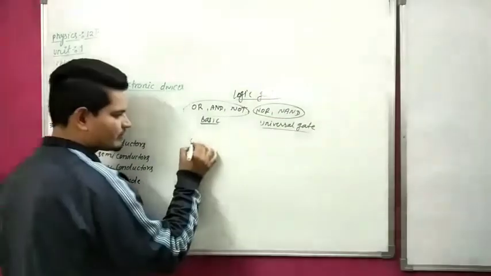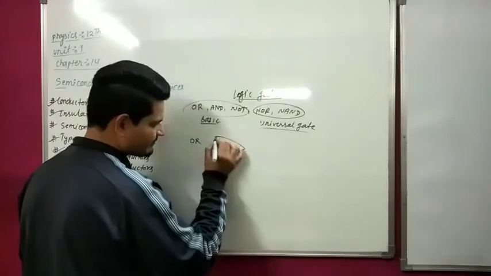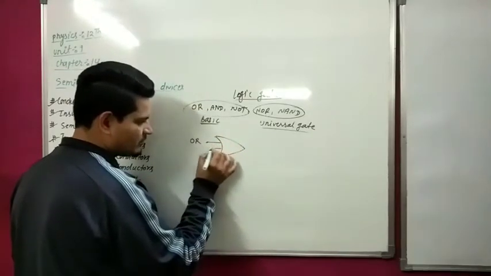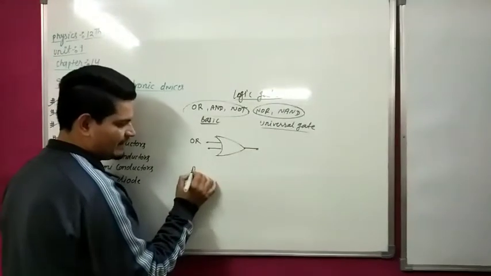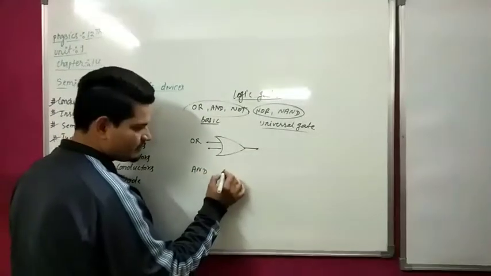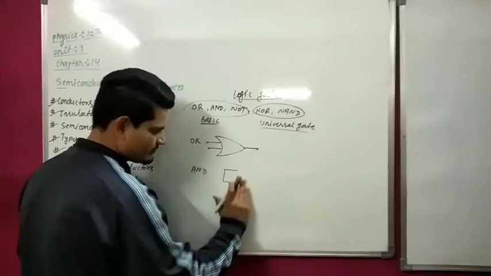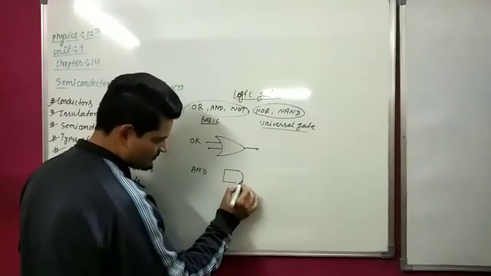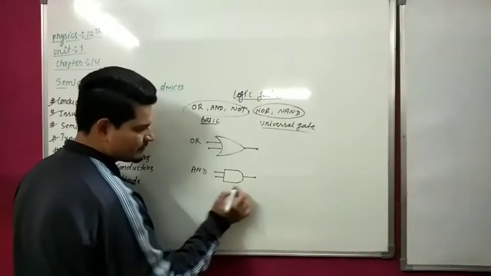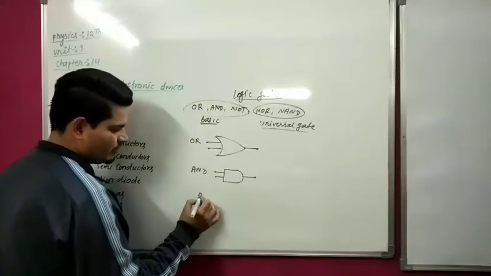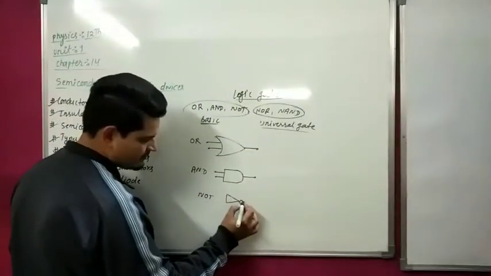So the symbol of the OR gate is like this. Here are 2 inputs and 1 output. The symbol of the AND gate is like this. Here are also 2 inputs and 1 output. The symbol of the NOT gate is like this.